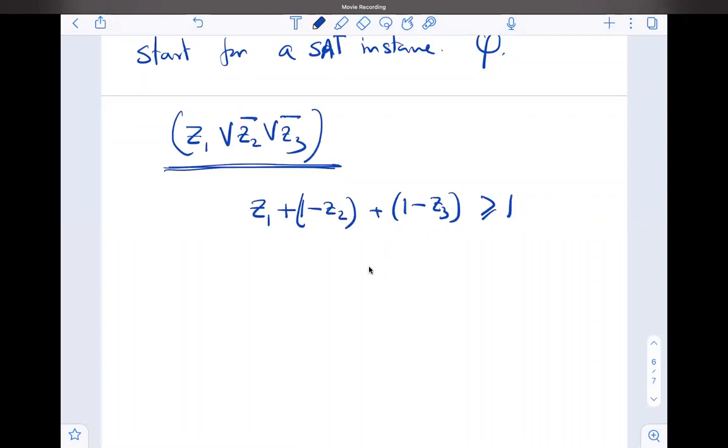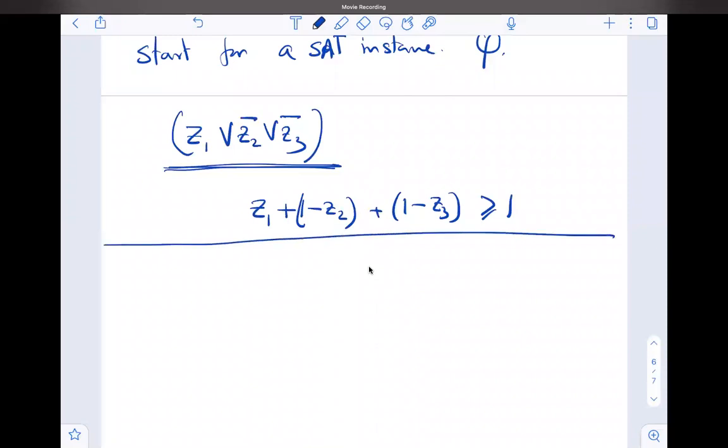So every single term here represents whether we are able to achieve one of these cases, which gives us a true value for the whole clause. Whatever this sum comes out to be is how many literals actually achieve the value 1, and we only want at least one of them to achieve it. So that has to be greater than or equal to 1.